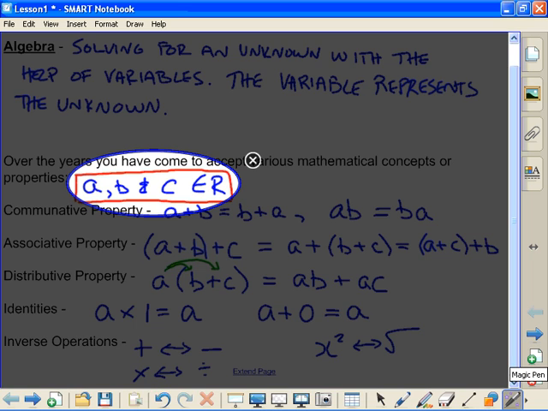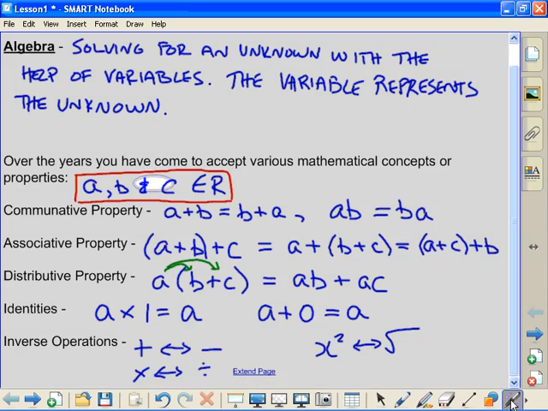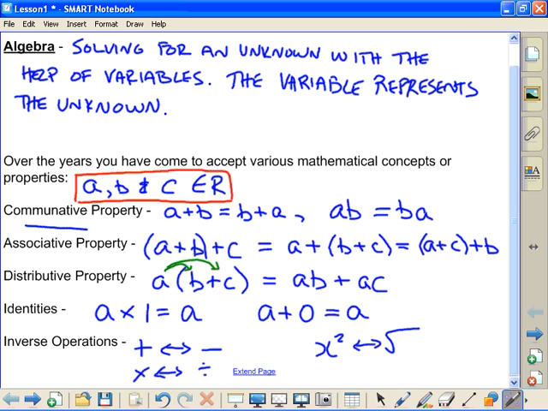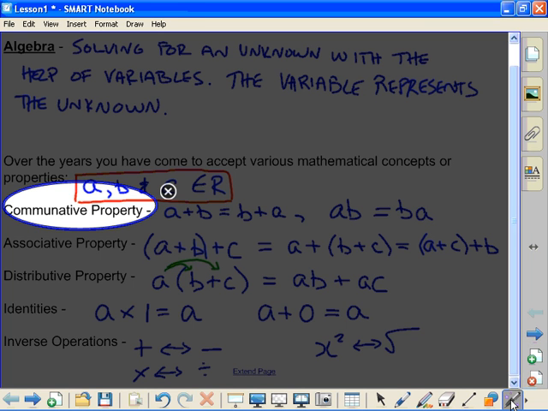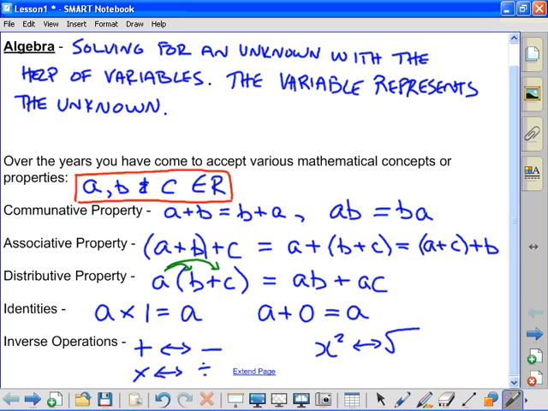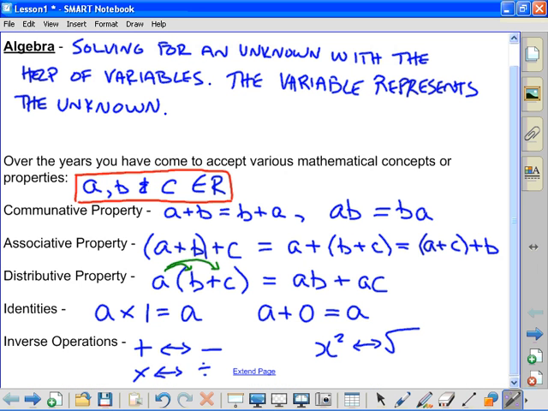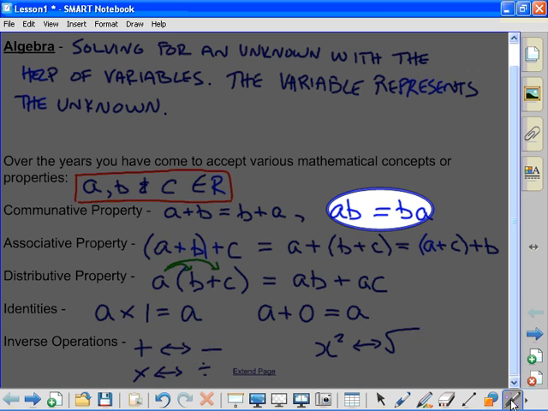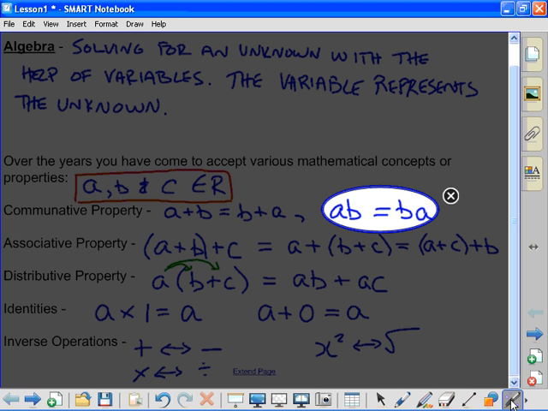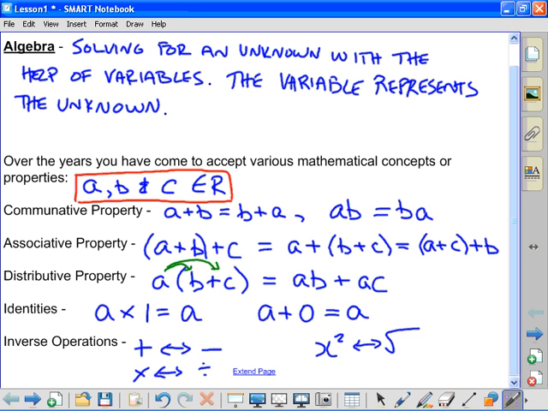The first property is the commutative property: a plus b is the same as b plus a. So 1 plus 2 is the same as 2 plus 1. Similarly for multiplication, 2 times 3 is 6, and 3 times 2 is 6. That's a mathematical property that you've come to accept over the years.